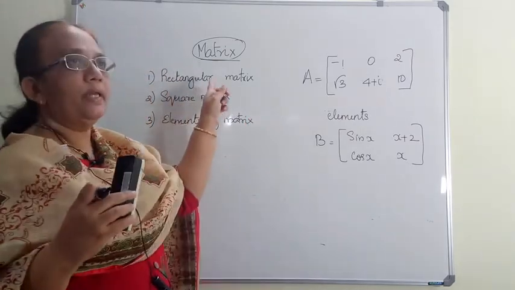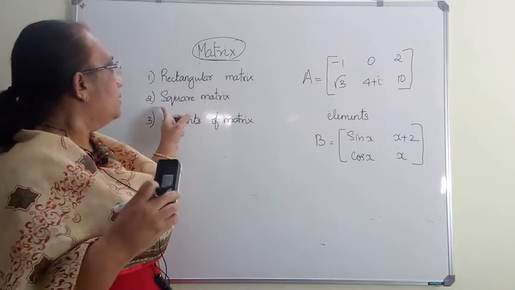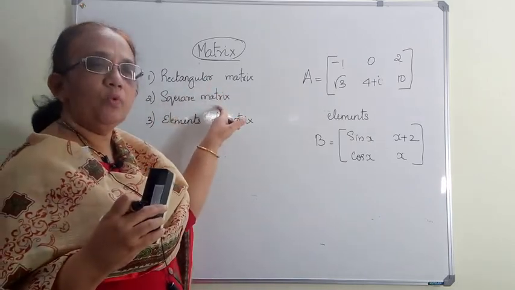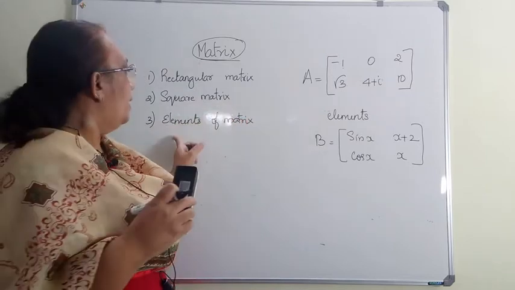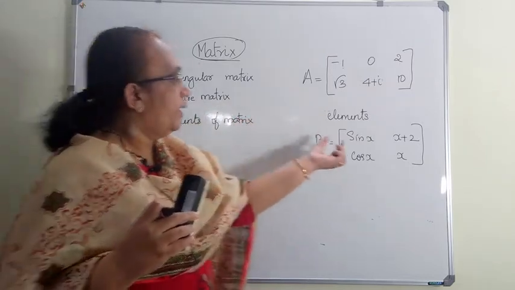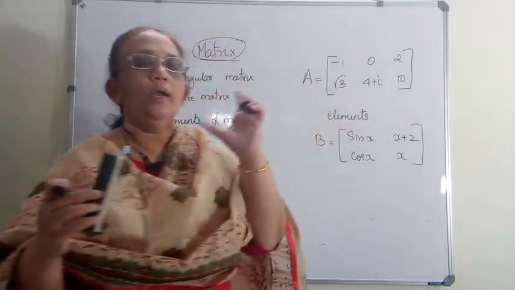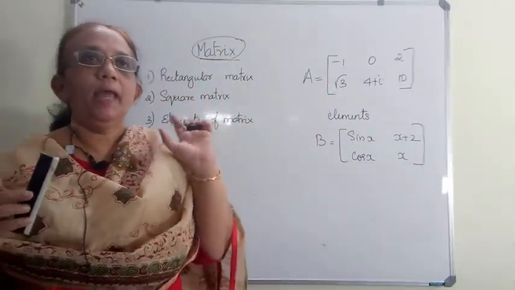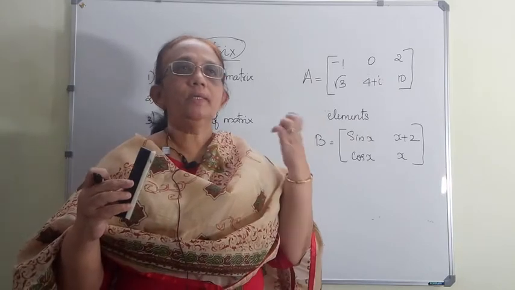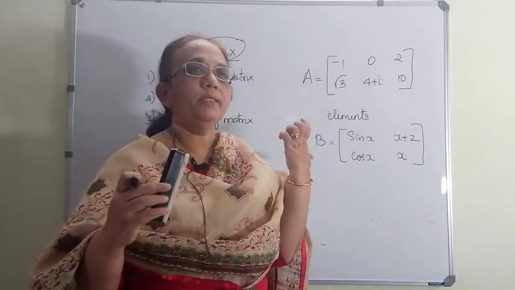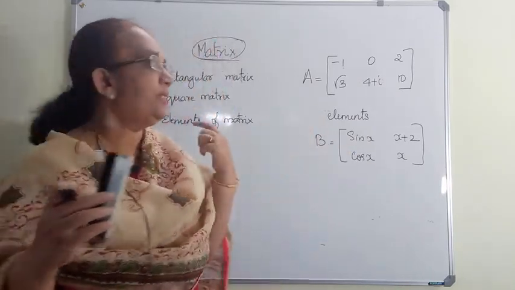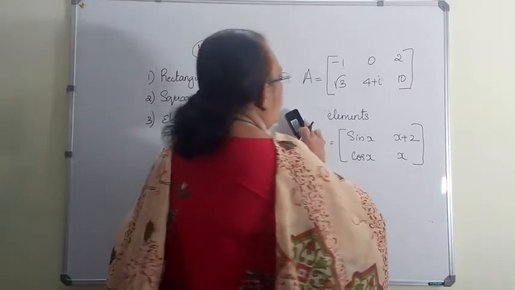A matrix is a rectangular arrangement. A square matrix means the number of rows and columns are equal. Elements of a matrix means the information inside the bracket, and elements can be integers, whole numbers, irrational numbers, complex numbers, functions, etc.